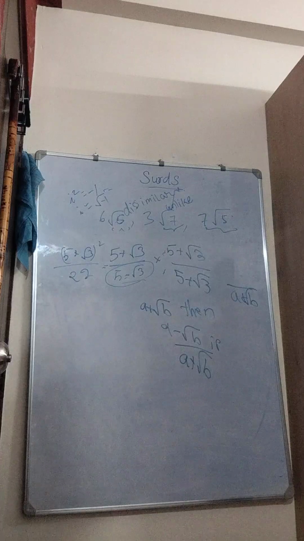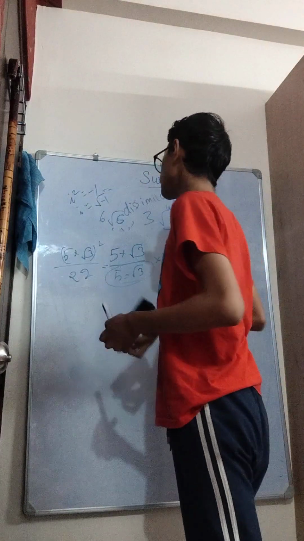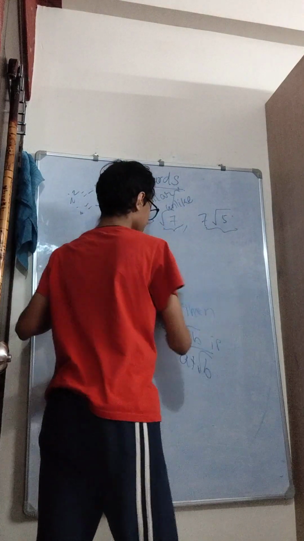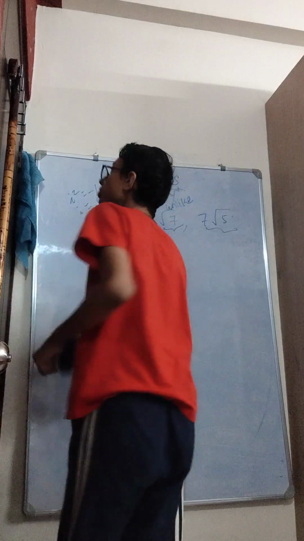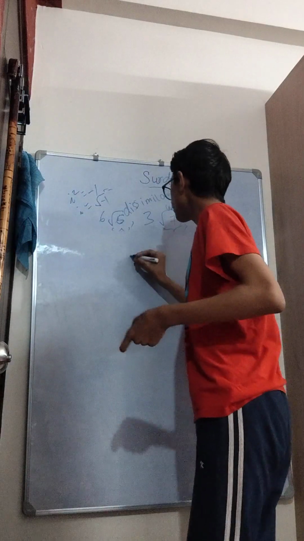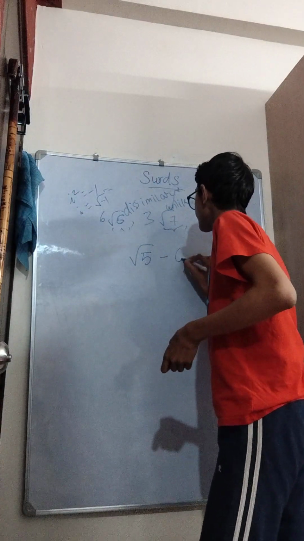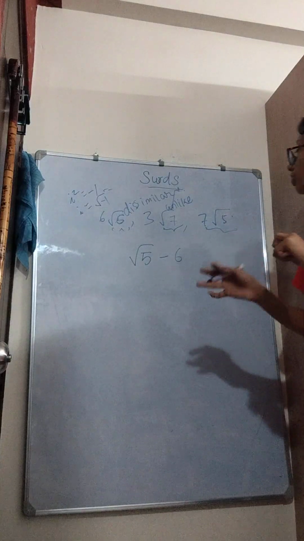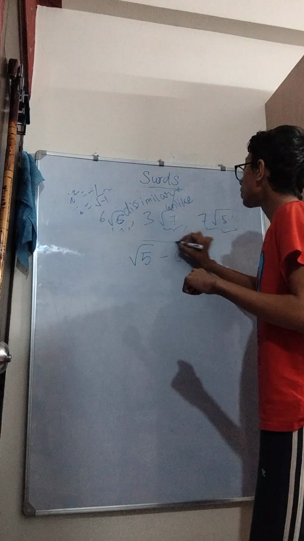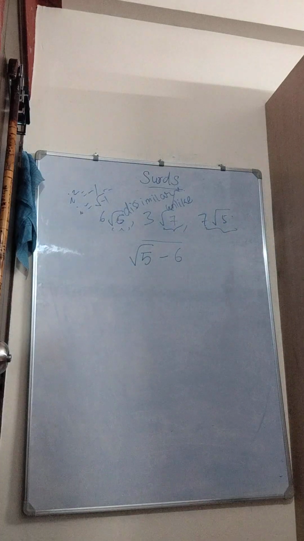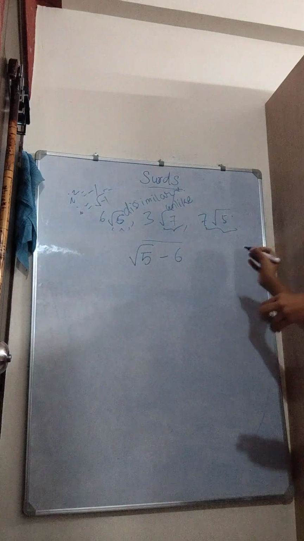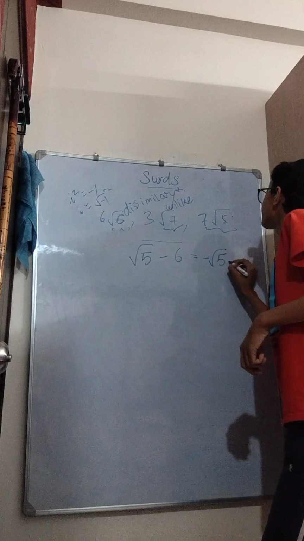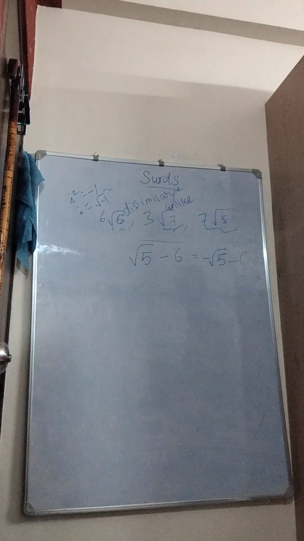But here I have given 5 plus root 3. What now? What if I give root 5 minus 6? What is the conjugate? The conjugate of root 5 minus 6 is minus root 5 minus 6. How did I get this?